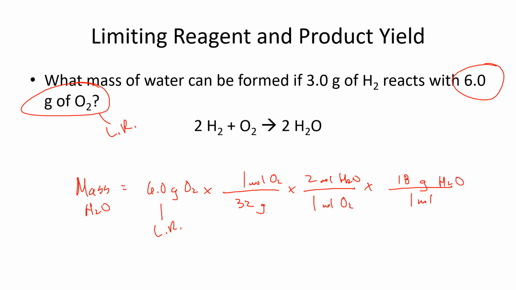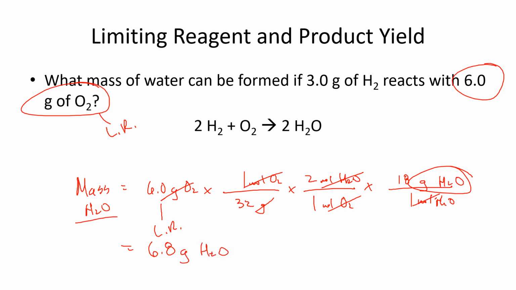And that will end up giving your solution, right? Moles of oxygen cancel out, moles of water cancel out, and you end up with a mass of water. So on my calculator, that comes out to 6 divided by 32 times 2 times 18 equals, look at that, 6.75, which amounts to 6.8 grams of water.